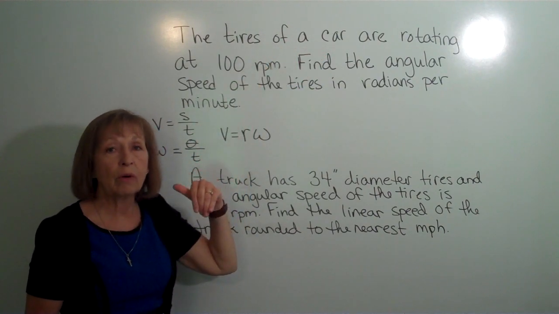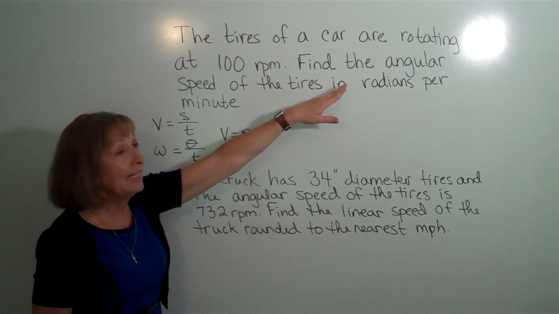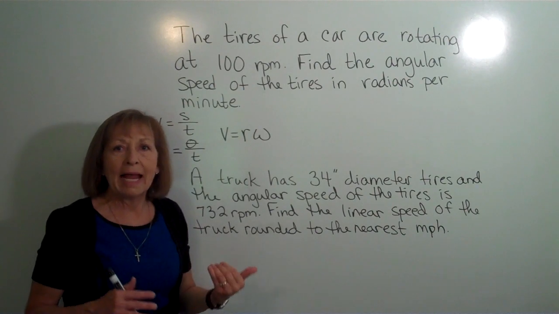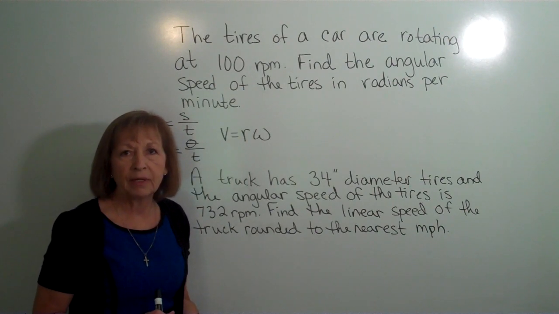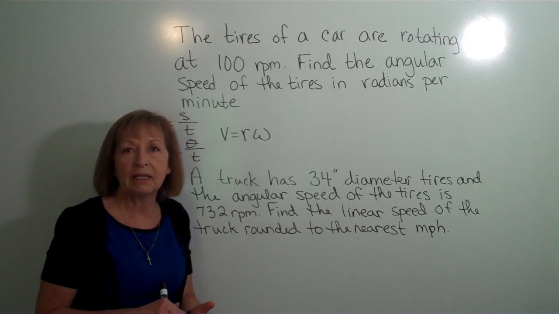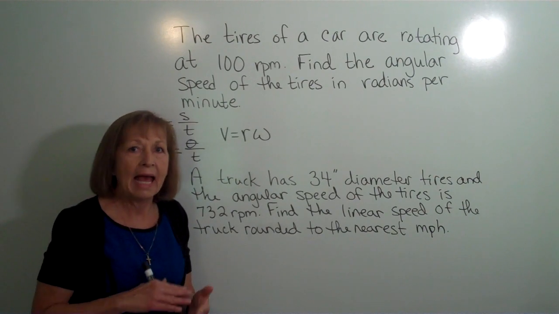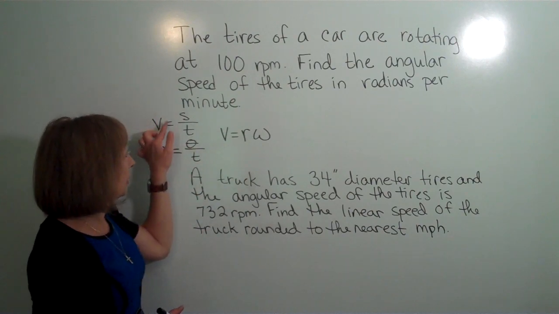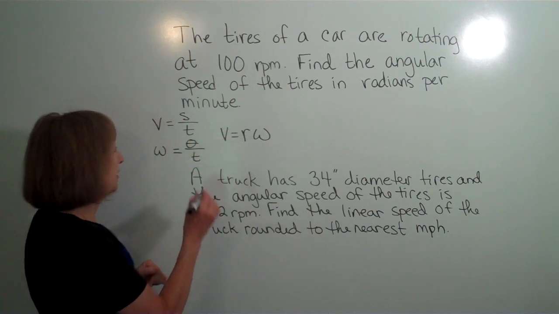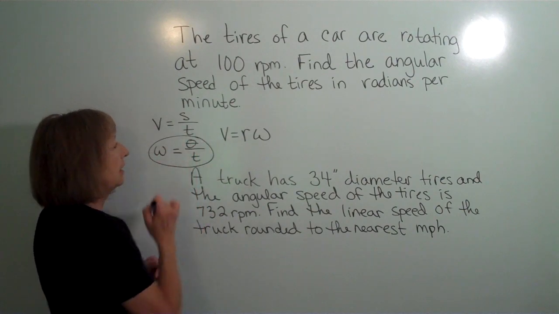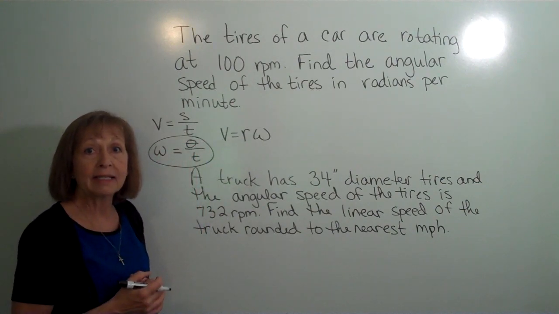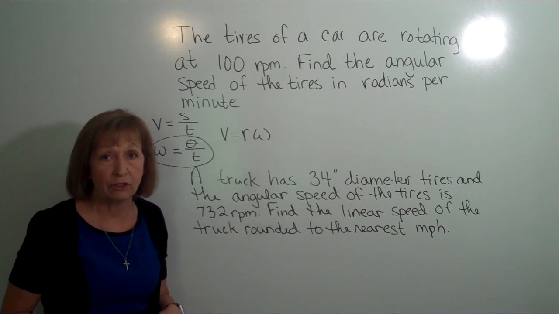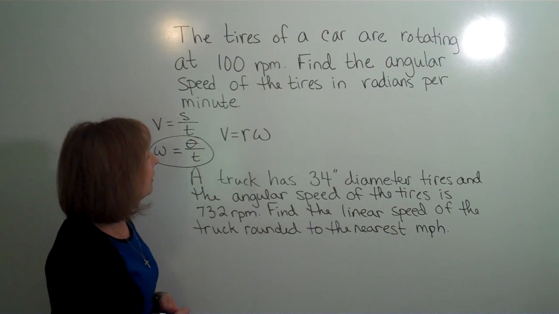I'm just changing units. So the formula that we're going to use out of these three choices is our angular speed one, because I'm not doing a connection between the linear speed and the angular speed. I'm just specifically talking about the angular speed.